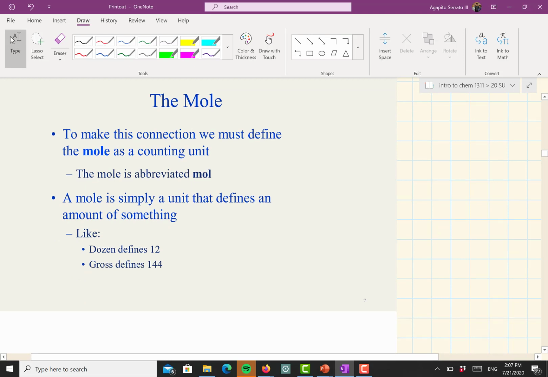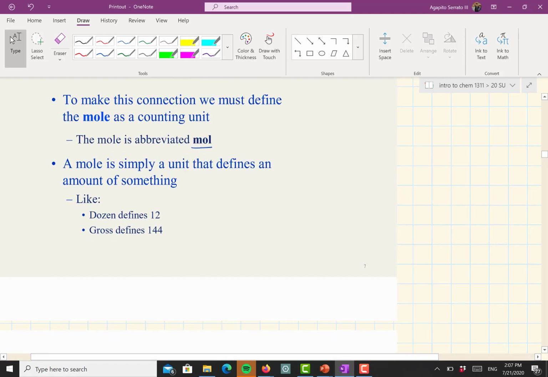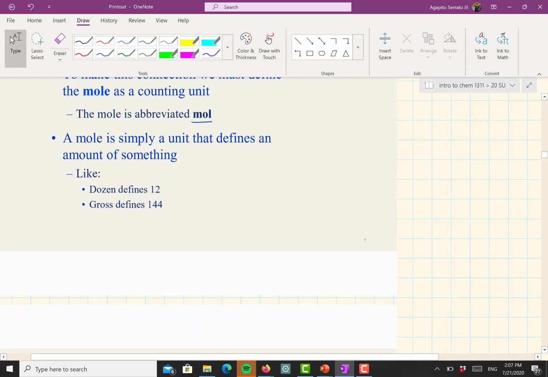It is abbreviated as mol. And a mole is simply a unit that defines an amount of something, much like the way that a dozen defines 12. So if I have a dozen eggs, that means I have 12 eggs. Or if I have a gross, that is a dozen dozen, that means I have 144 things.